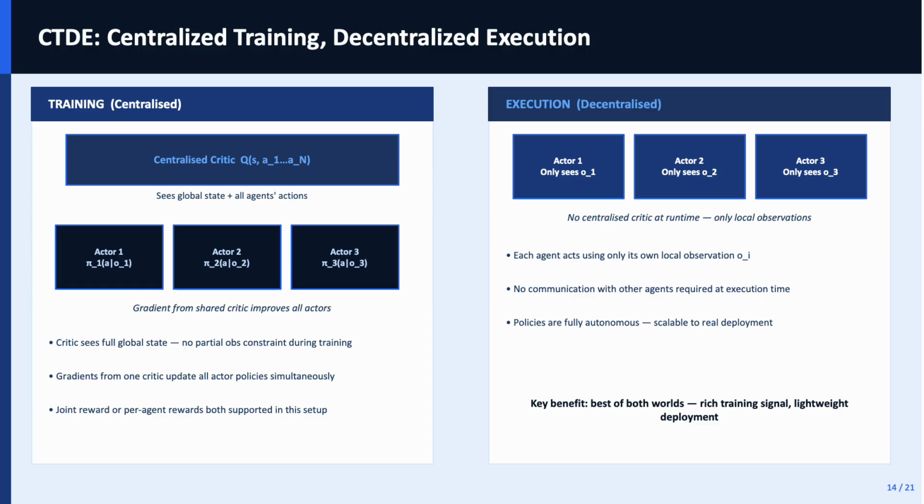CTDE exploits this asymmetry: use the rich global information during training to produce better gradient estimates for each agent's actor, then deploy only the actors, each of which operates entirely on its own local observation.